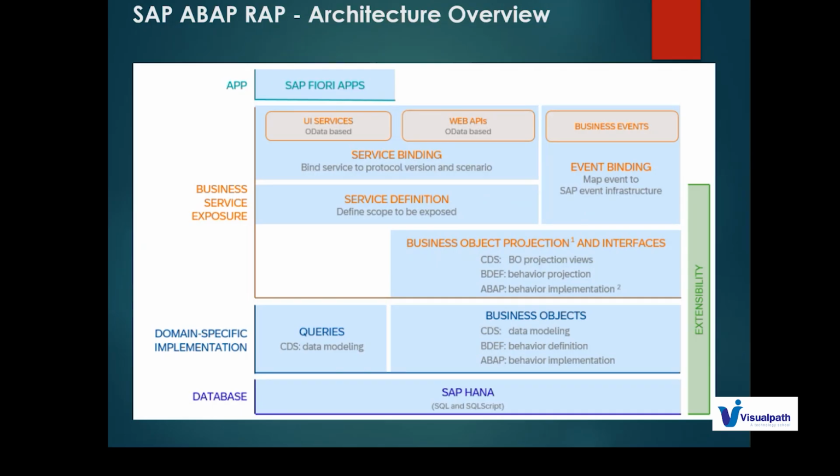On top of that, you find that UI services are available, OData based, and web APIs are available, OData based. You might be noticing that OData is also available in my domain specific layer, and OData is also available in my business service. So what is the difference?